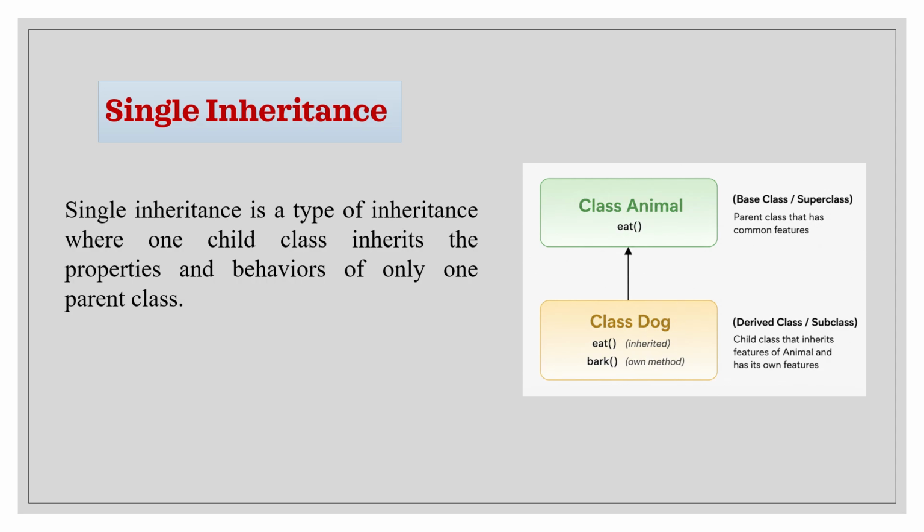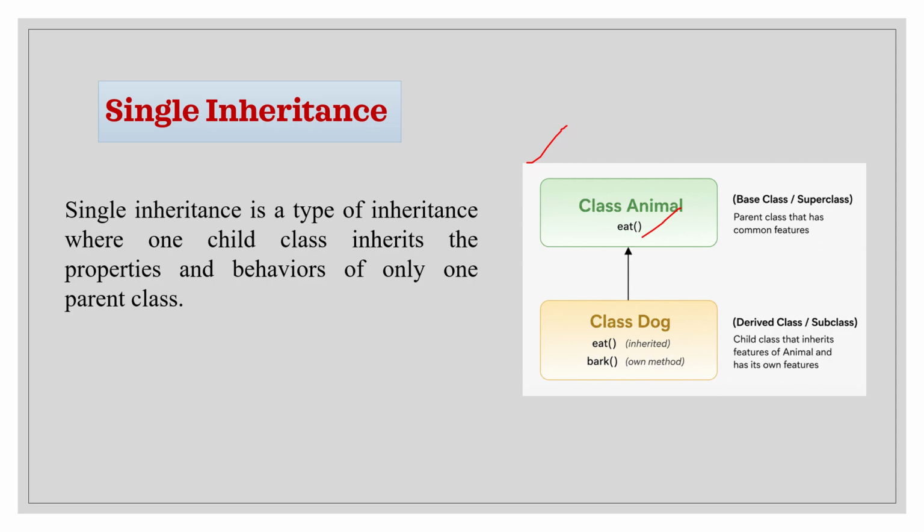Now let's look at this example carefully. Here we have an animal class. Animal is the parent class and it has a method called eat. Next we have a child class called dog. The dog class inherits the features from only one parent class, which is animal.